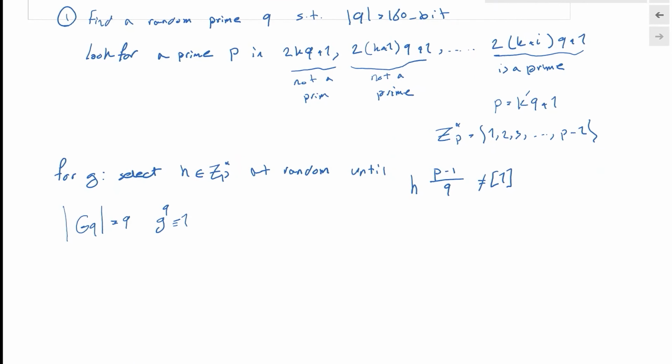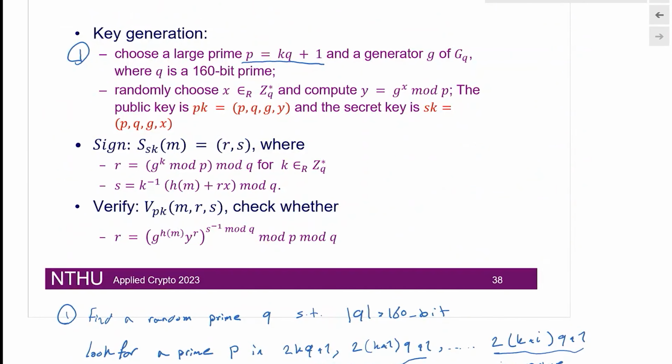Once we have that, we have a generator that we can work on in group ZQ. So we randomly choose X from ZQ star and compute Y equals G to the X mod P. Then we set our public key to be P, Q, G, and Y. Comparing to El-Gamal, we have some extra Q over here.